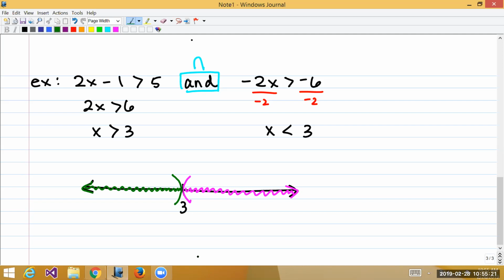So nothing is in common. So if there's nothing in common, our solution is the empty set. So remember, the empty set we would write either as this symbol, or we can write the curly braces with nothing inside to show that we have an empty set.